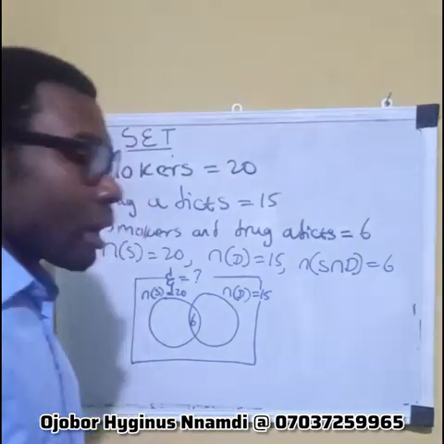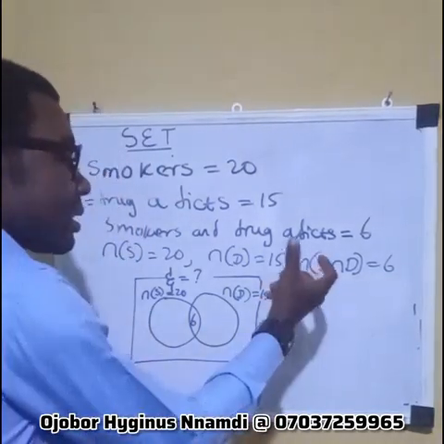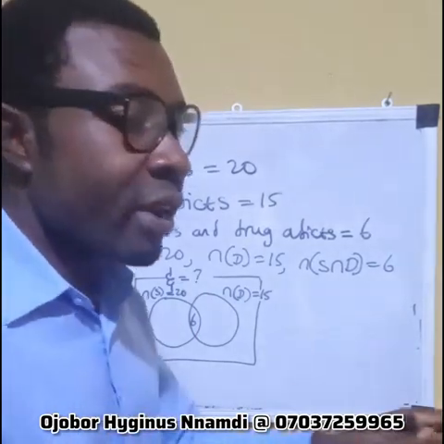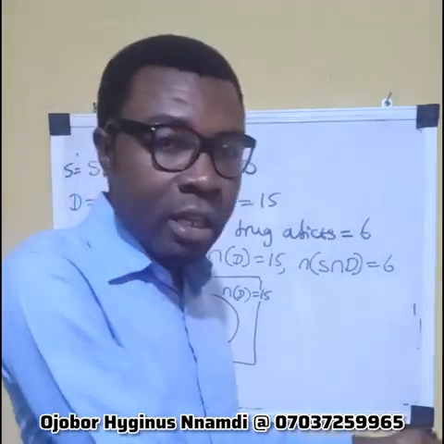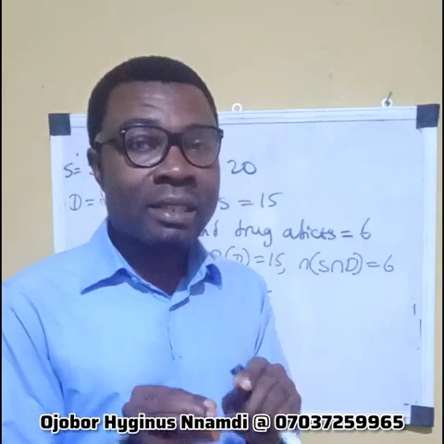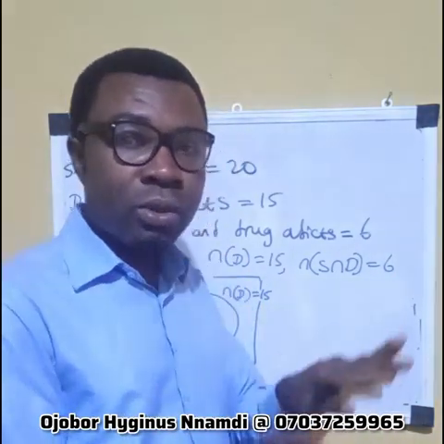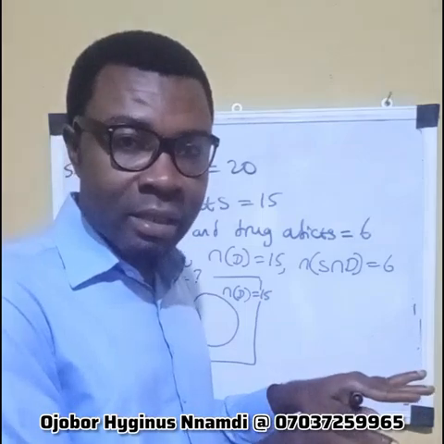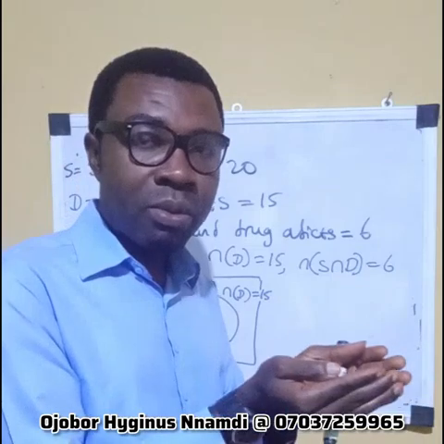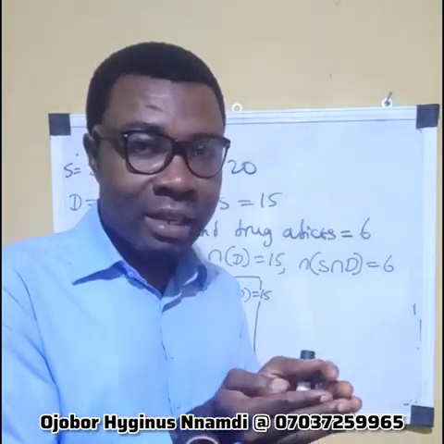But if you count that way, it means you have counted the 6 of them twice. So what we're going to do is to first of all get those that are smokers only, which excludes those that are drug addicts. Get those that are drug addicts only, which also excludes those that are smokers and drug addicts. Okay? If you have done that, then the remaining will be those that are both smokers and drug addicts.